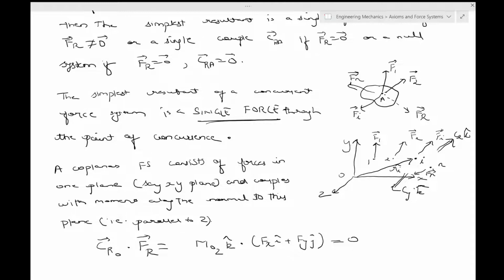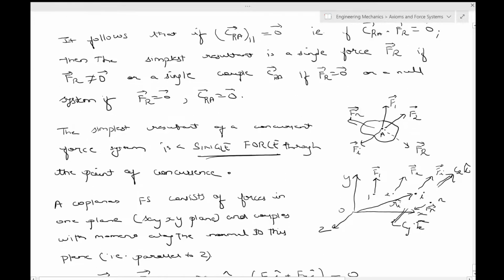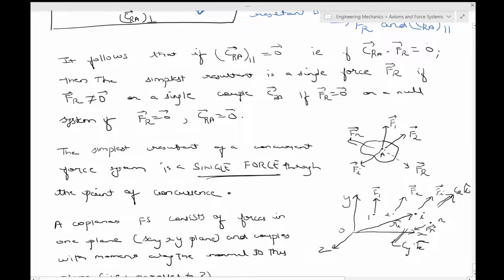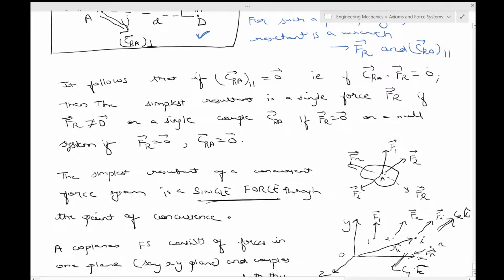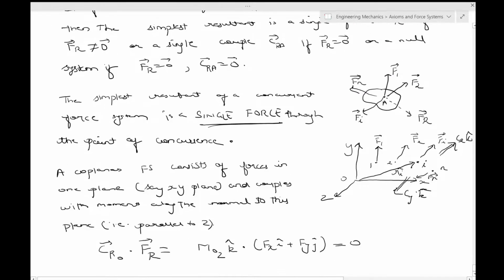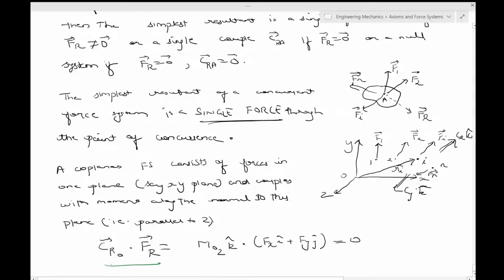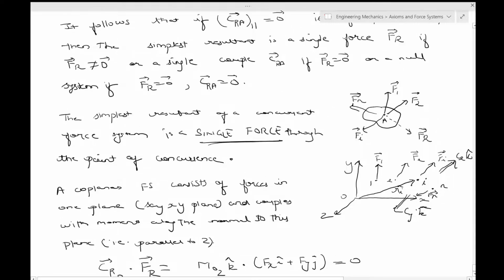Now you have to look over here that it follows that if CRA parallel is equal to 0, so if CRA dot FR is equal to 0, so you can see that CRA or CRO in this case dot FR is equal to 0.